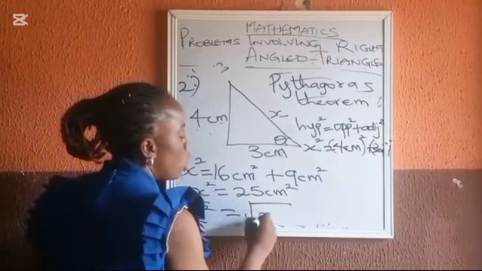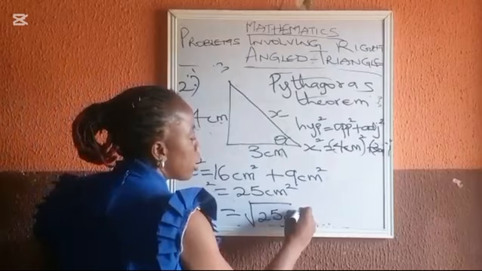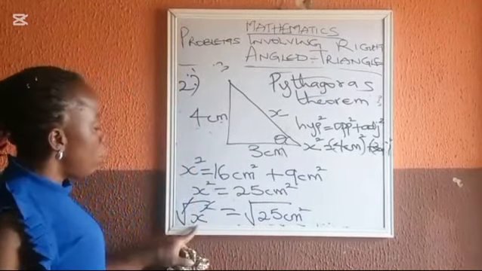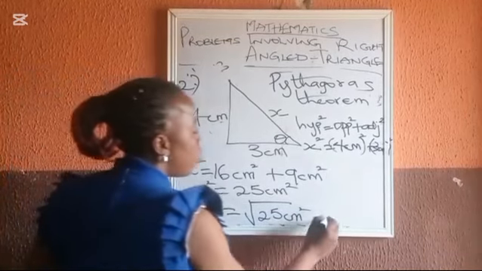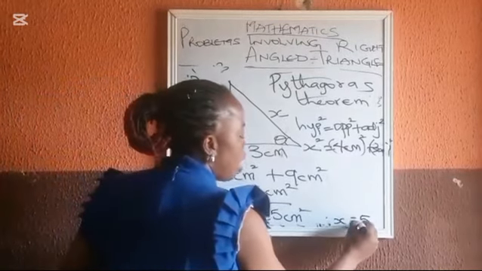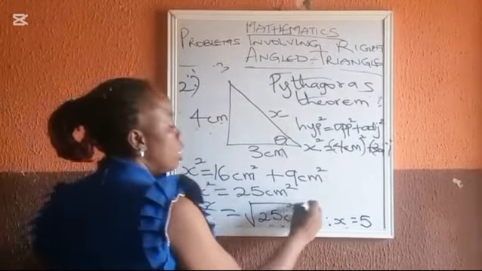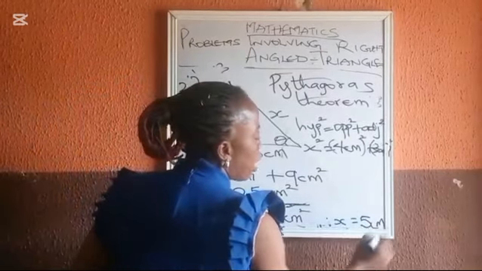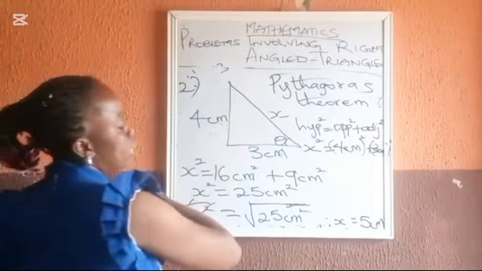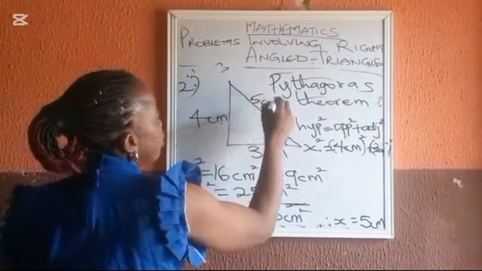So you also have the square root of 25 centimeters squared. Now we cancel the square and the square root, so I'm left with x here. So I have x equals the square root of 25, which is 5, and the square root of centimeters squared is centimeters. Therefore, this hypotenuse side, which is x, is 5 centimeters.